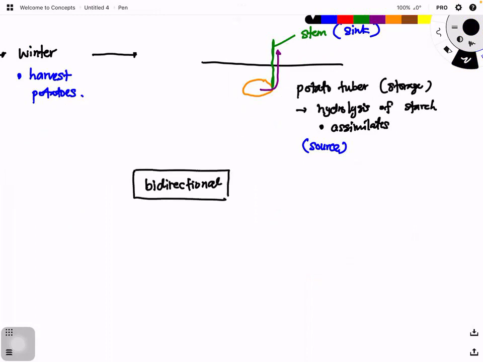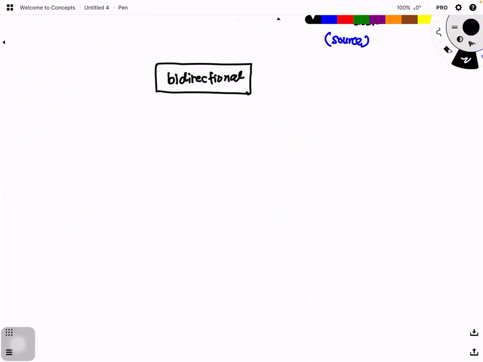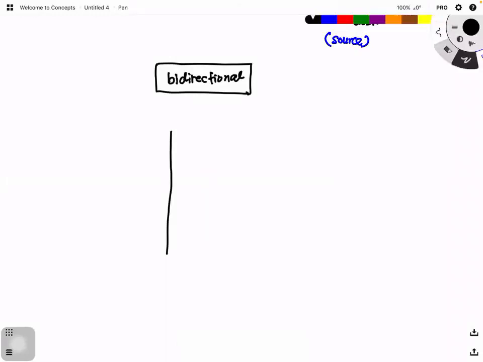Now, this bidirectional movement also occurs within the same season. What does that mean? Look at this. This is the plant. Every plant doesn't have only one sieve tube element.